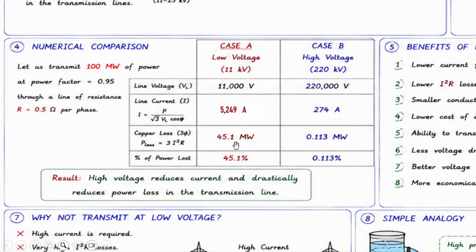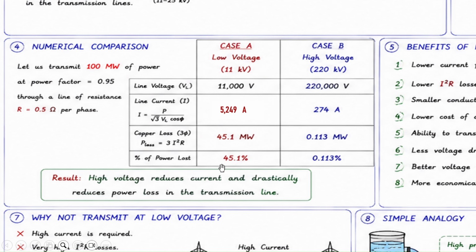And this eventually leads to higher losses for this case and lower losses for the other. In this case, the percent loss, from the 100 megawatts of power transmitted, is 45%, almost half of it. Whereas in this case, less than 1% is lost.